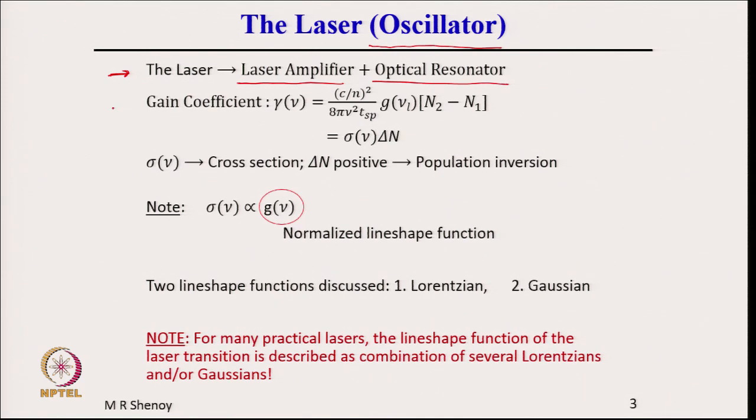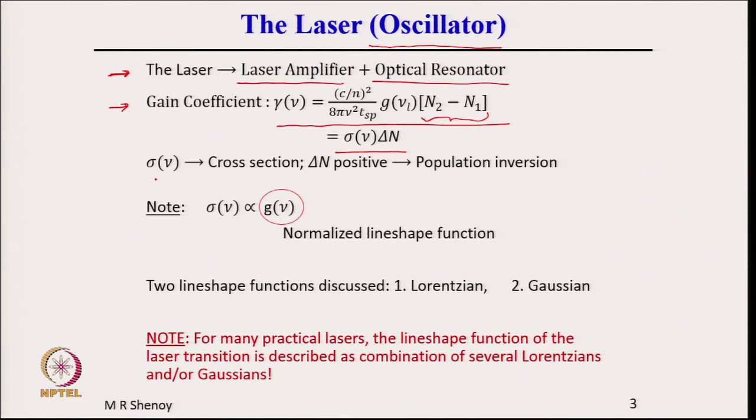We have obtained the expression for the gain coefficient gamma, which we write as sigma into delta n, where delta n is n2 minus n1, the population inversion term, and the rest of the term is sigma of nu.